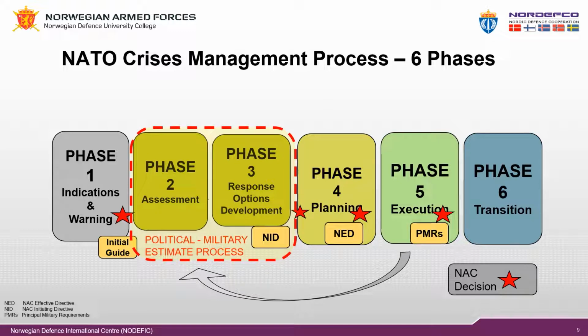Phase 2, assessment of the developing or reassessment of an ongoing crisis and of its potential or actual implications for alliance security. Phase 3, development of recommended response options to support the North Atlantic Council decision-making throughout the cycle of crisis. Phase 4, planning. Phase 5, execution of the North Atlantic Council decisions and directives. And Phase 6, transition and termination of NATO's crisis management.